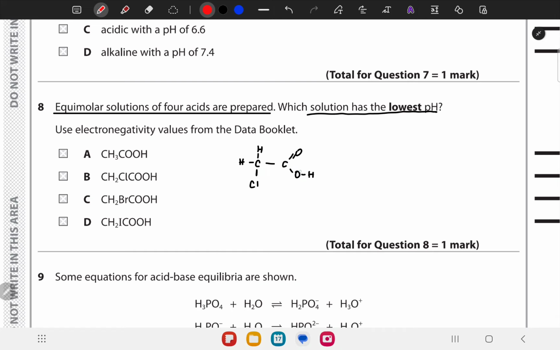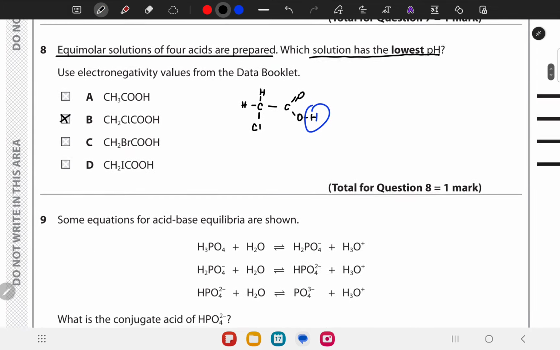So the electronegativity of this oxygen will increase and the electropositivity of this hydrogen will increase. Since chlorine pulls the electron from here, it reduces the electron density over here. If the electron density near the hydrogen is lower, it will be a stronger acid, so it will have a lower value of pH. So P is our answer.